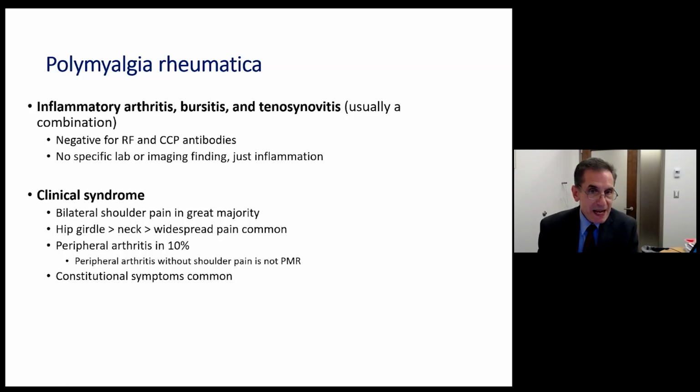Hip girdle and neck can also occur. Peripheral arthritis, like a hand, for example, can occur in about 10% of patients. But it's important to remember that if someone has peripheral arthritis without shoulder pain, that is not PMR. And a lot of these patients have constitutional symptoms like fatigue, maybe like weight loss, even low-grade fevers at times.